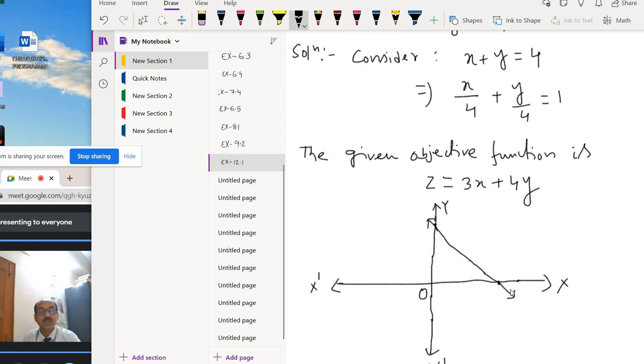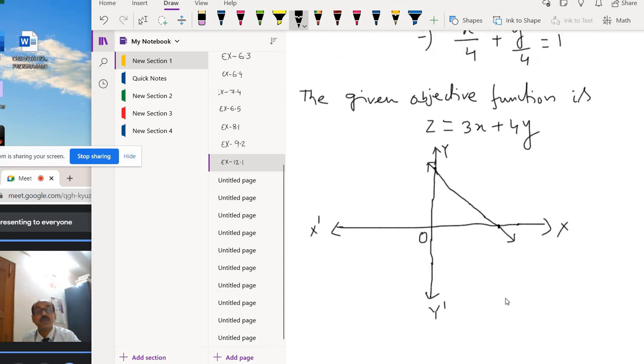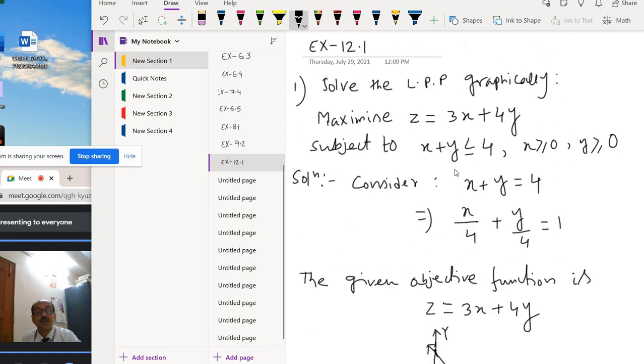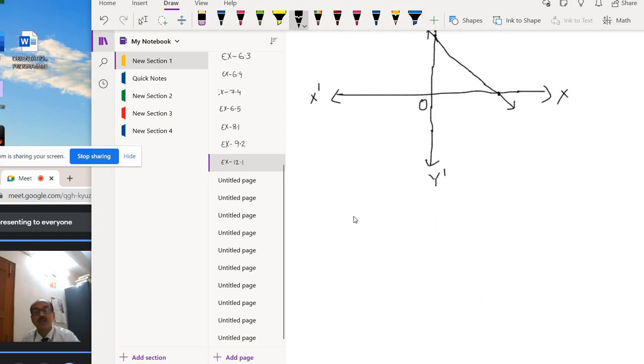Okay, this equation is x plus y equal to 4. Now the inequality is x plus y less than or equal to 4.